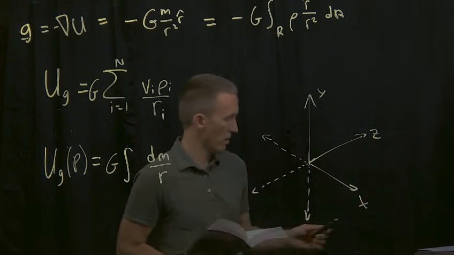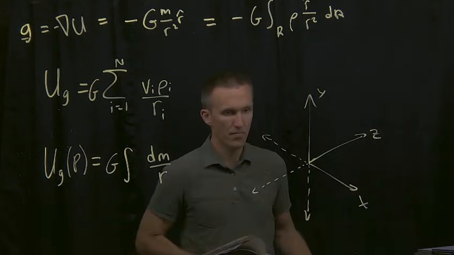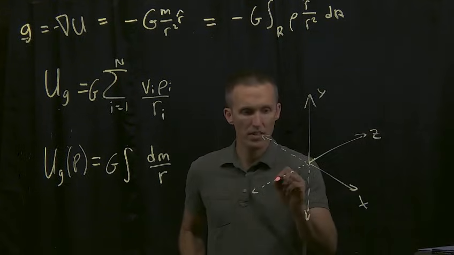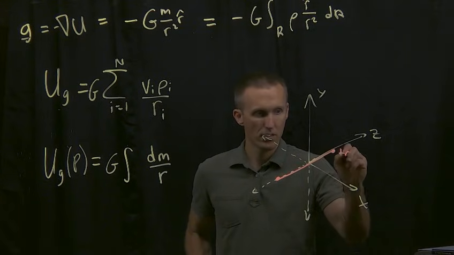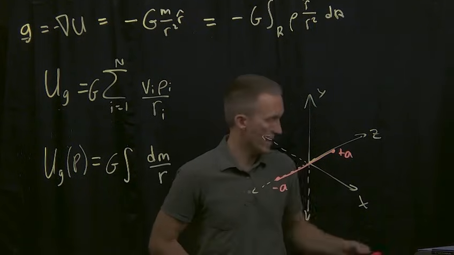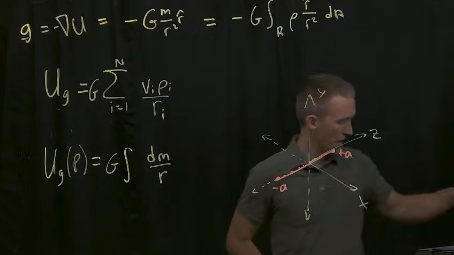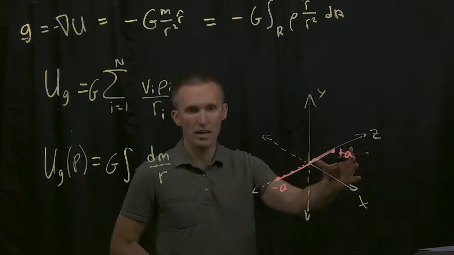And then what I'm going to do, maybe I'll use a different color, is I'm going to have a wire, a thin wire, infinitely small in thickness, along the z-axis, and that wire is going to be from minus a to plus a along the z-axis.